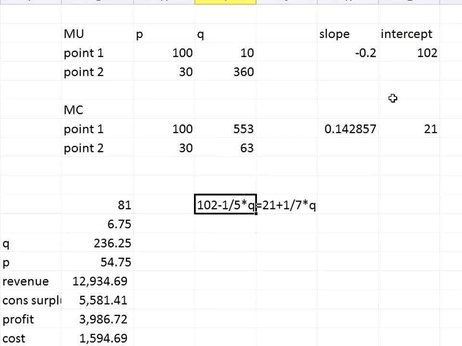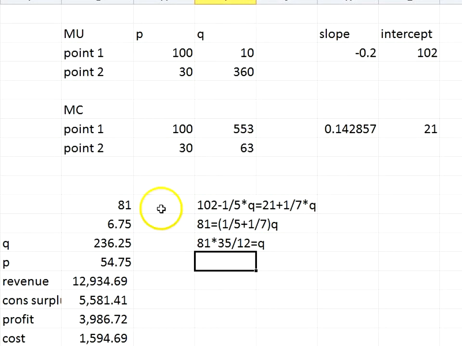All we have to do is solve for Q, which is 81 should be equal to 1/5 plus 1/7 times Q. And when we do the math, 81 times 35 divided by 12 is going to be Q, and that number is 236.